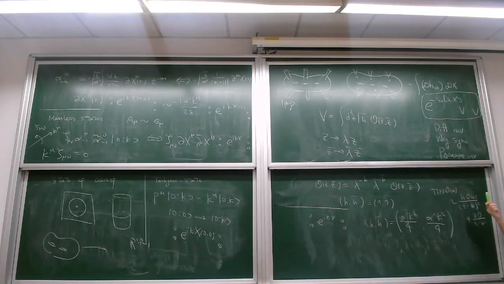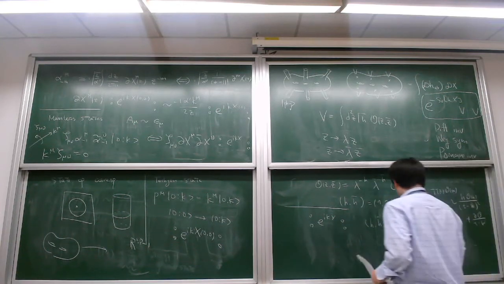Always, if you take the OPE, the conformal dimension can be read out from here. Therefore, computing the OPE is very important in CFT. So this h bar has to be 1.